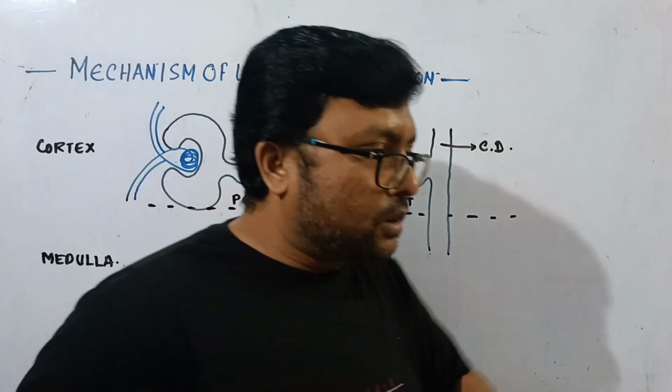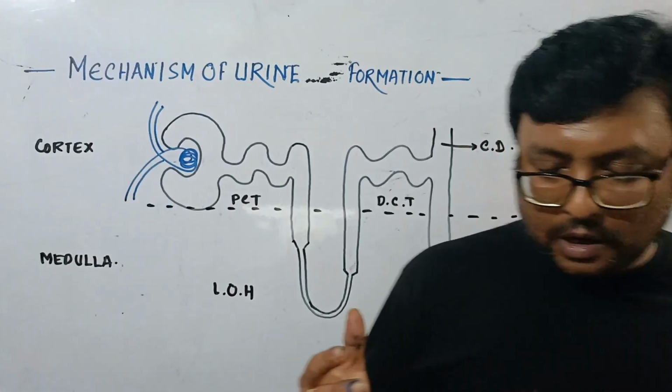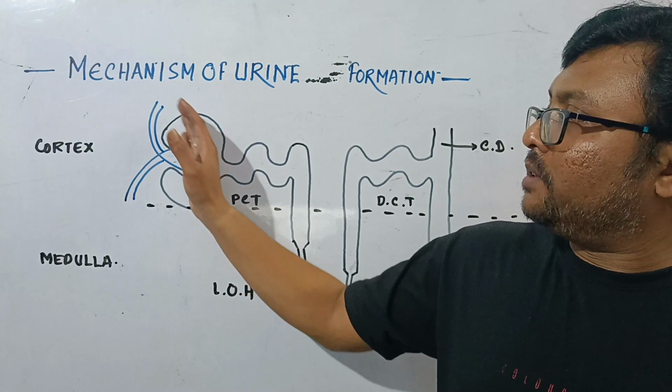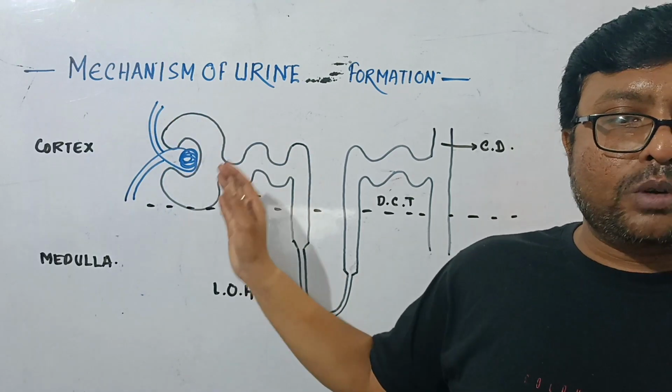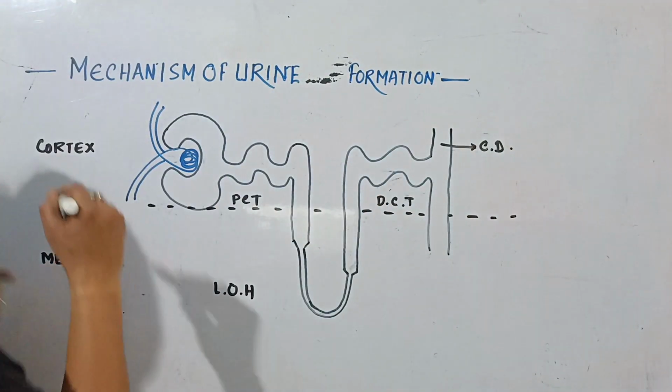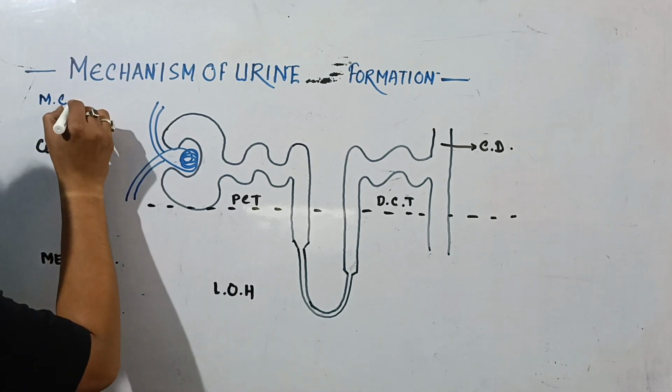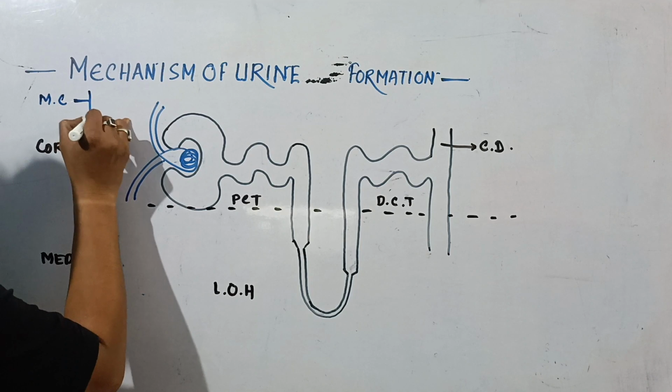Now, in our previous class, we already discussed the structure of the nephron, so let us recall what we discussed. This is known as the Malpighian corpuscle, and it includes two different structures.